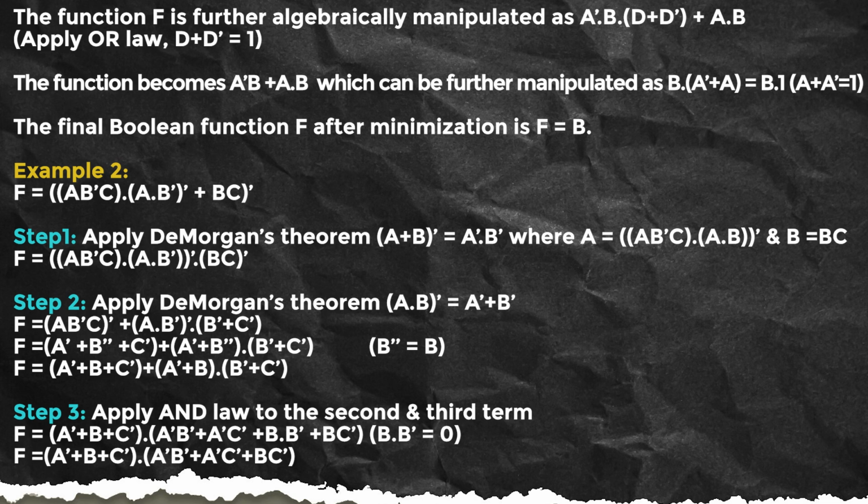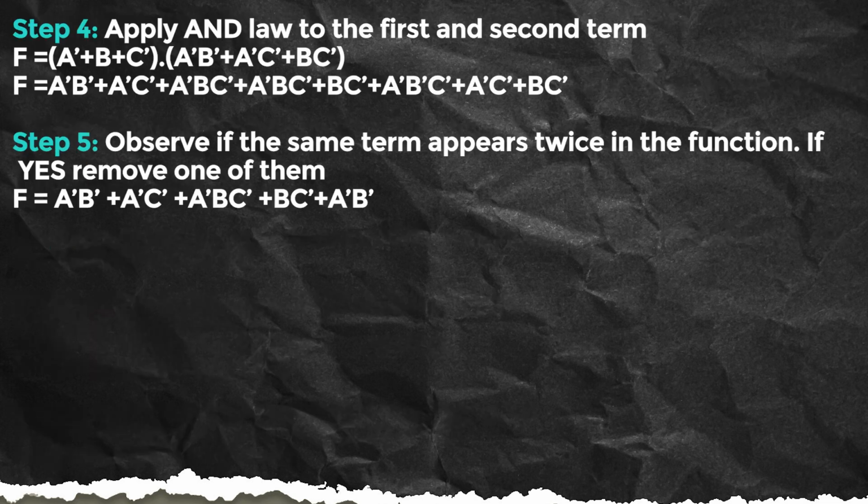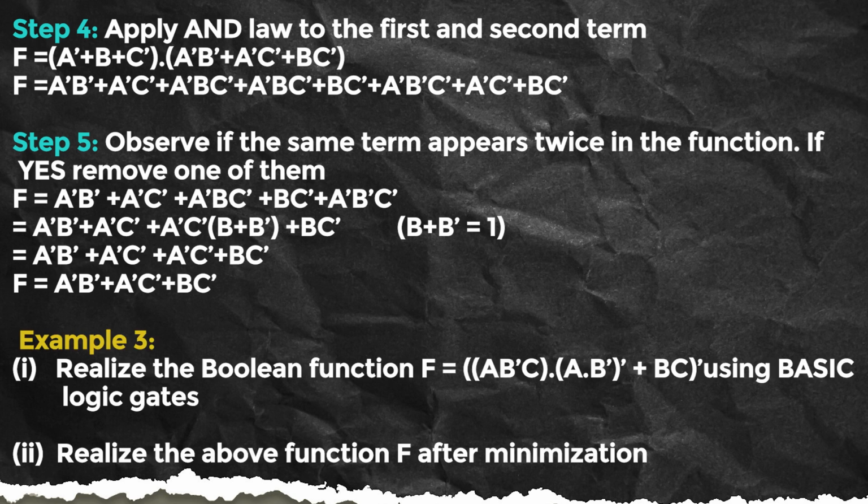Finally we have F is equal to (A bar + B + C bar) within bracket close dot, again starting with bracket, (A bar B + A bar C bar + BC bar). And again you can see that you use the distributive property and apply the AND law.